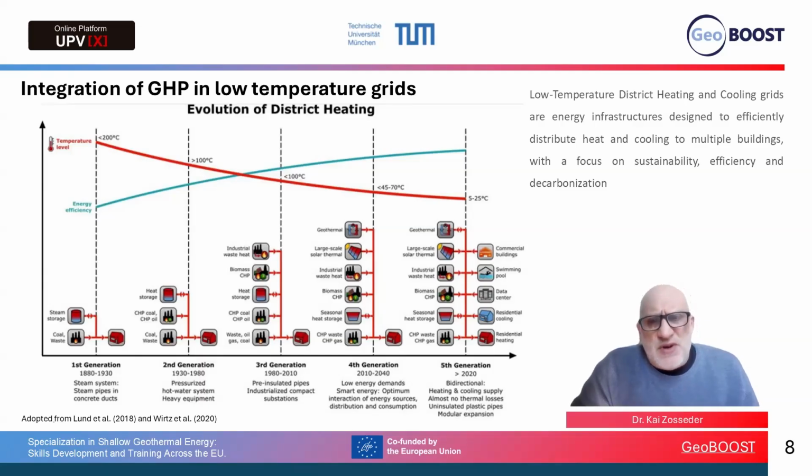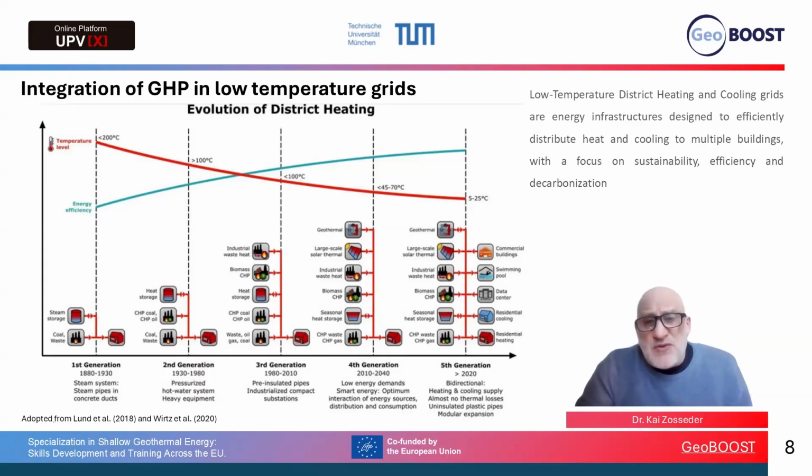Also, this grid is designed by integrating a lot of renewable energy sources. So it's mainly not only one, and also integrating a storage like a seasonal heat storage, and also integrating cooling options here. So this is more or less the definition of low temperature grids.